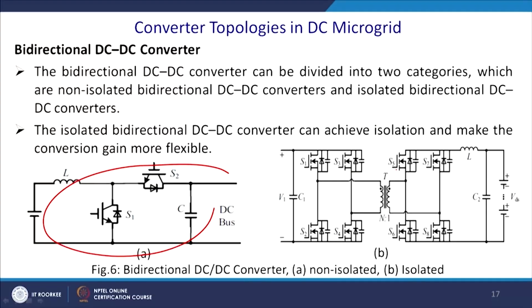So, bidirectional DC to DC converter can be divided into two categories, which are non isolated, that means source and load do not have galvanic isolation, and another topology has a galvanic isolation by a high frequency transformer, that is called isolated DC to DC converter.